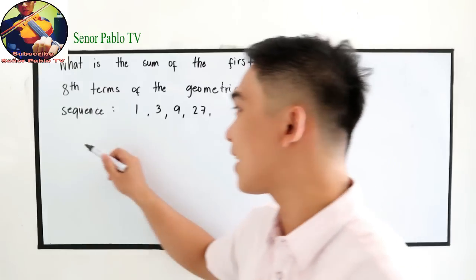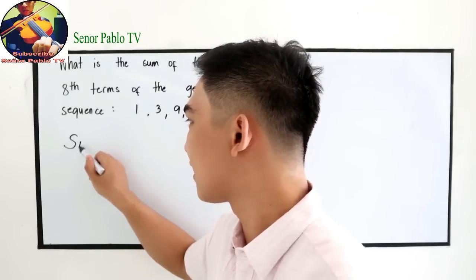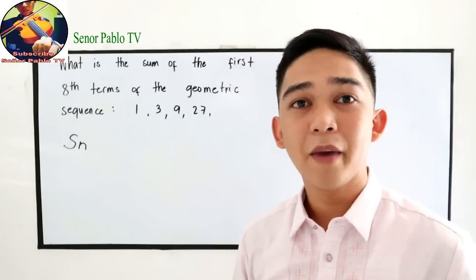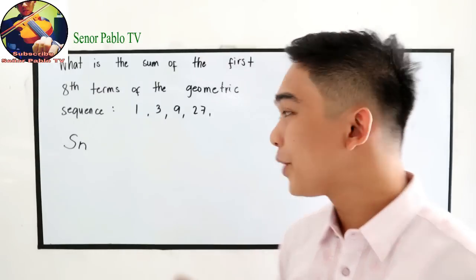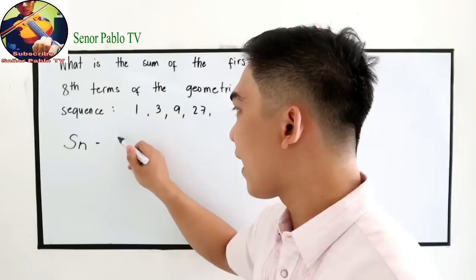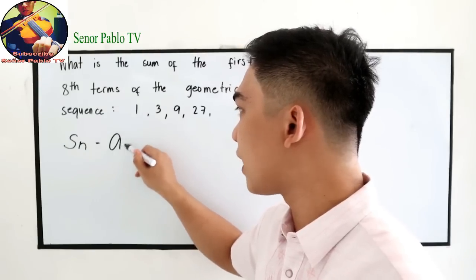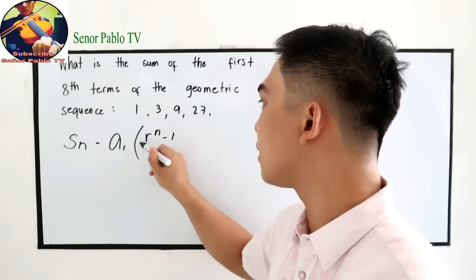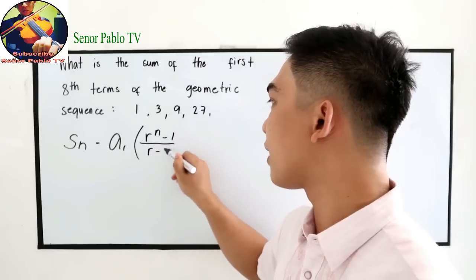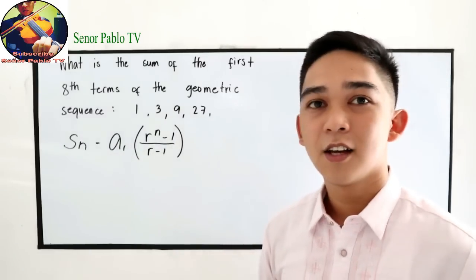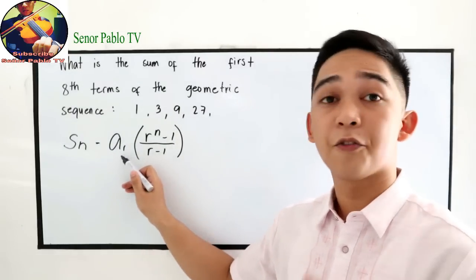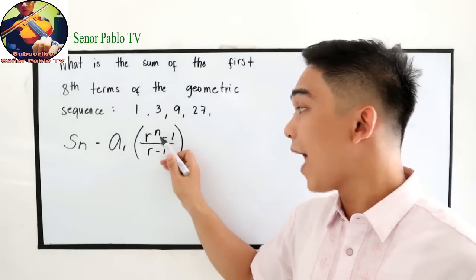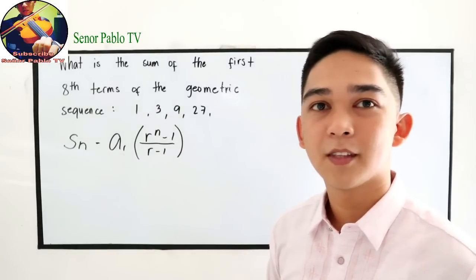So, gagamitin natin yung Sn, sum of the geometric sequence. Now, meron din tayong formula dyan. We have Sn is equal to A1 times R raised to n minus 1 over R minus 1. Wherein A1 is the first term, R is the common ratio, and n is the nth term.